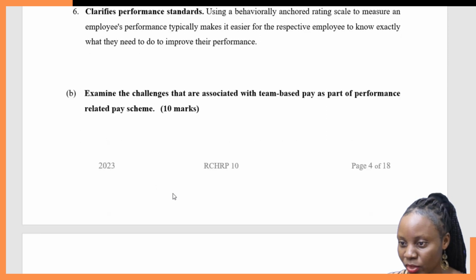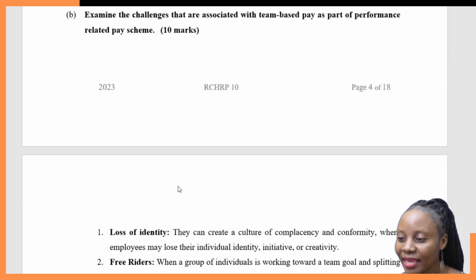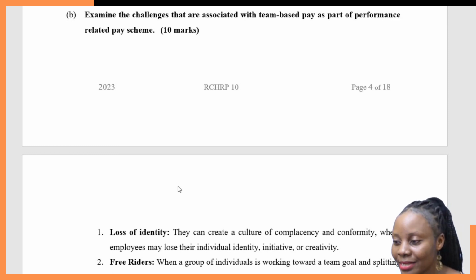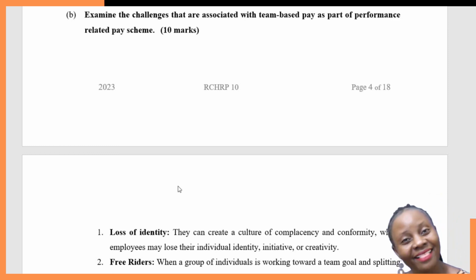Number one, loss of identity, and that is very true. Remember, you are working there, but the commitment comes in form of the group, not only as per person. And one thing we need to understand, when we work as teams or in groups, sometimes in that group we might have those people who work harder than the others, or those people who are very lazy.